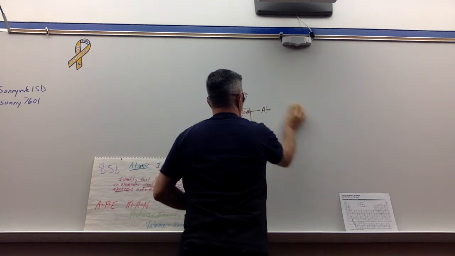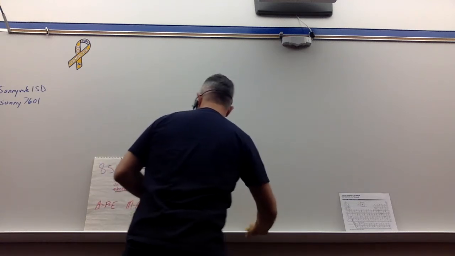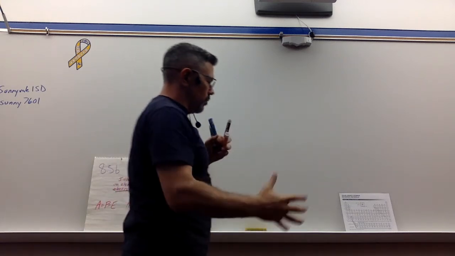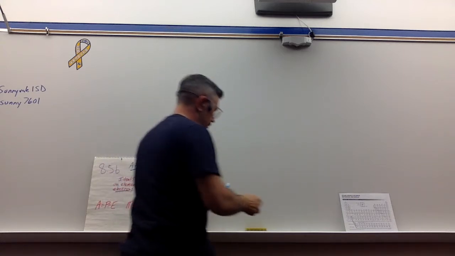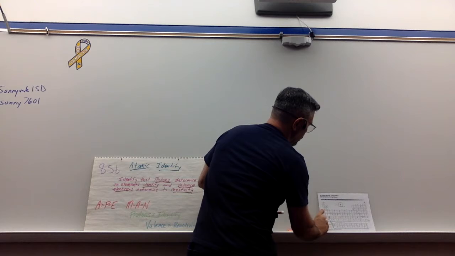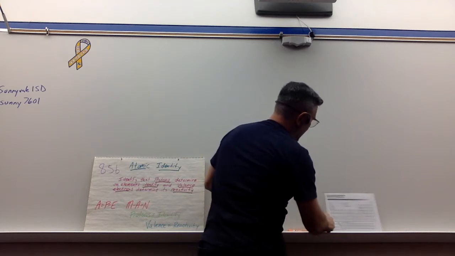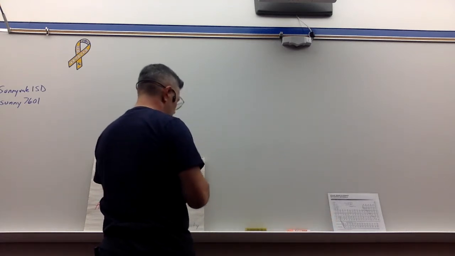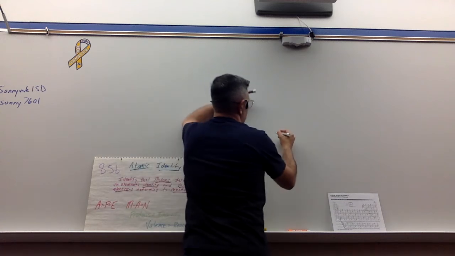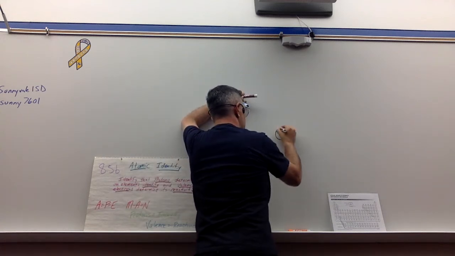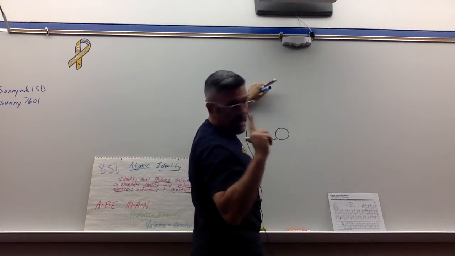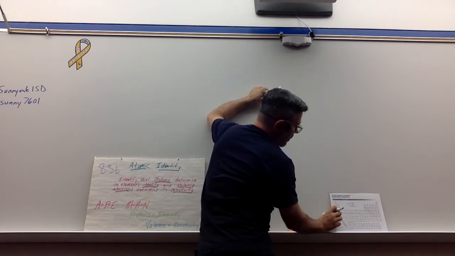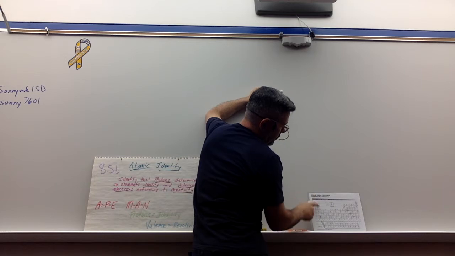All right, so a little bit of that is review at this point. Now we're going to draw a Bohr diagram so we can understand this stuff a little bit better. Let's do magnesium, number 12 on the periodic table. So at this point, here's what I'm going to do. I'm going to draw my nucleus, and I'm going to look at some information. It's number 12 on the periodic table. It's in group 2, right here.